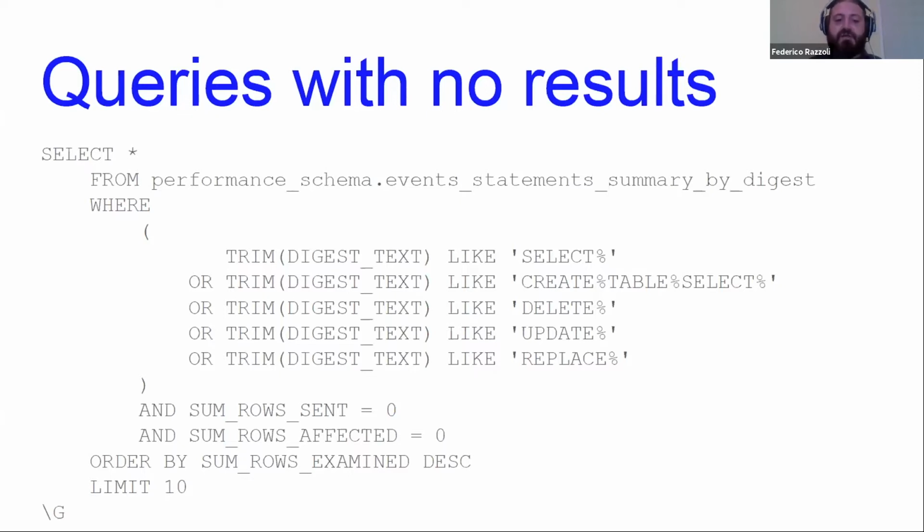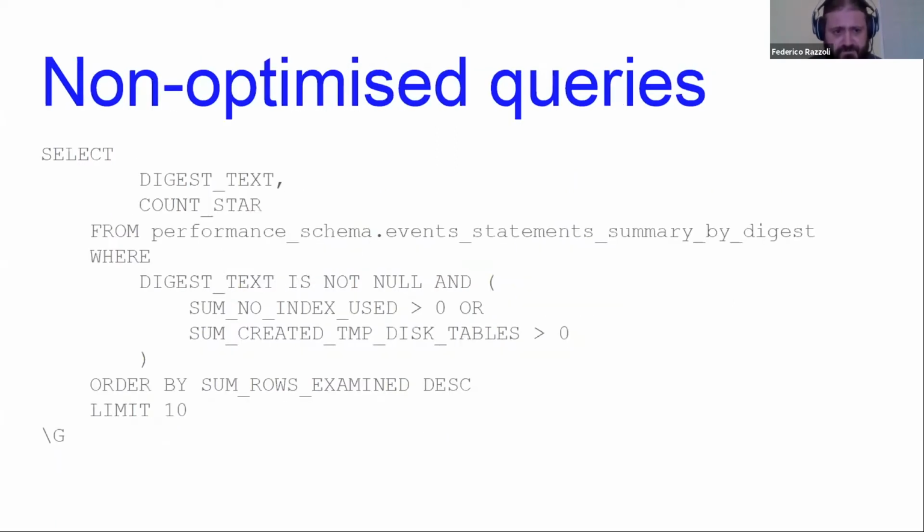MySQL needs to read the base tables and find out that no row should be returned. Those queries sometimes are useful for the same reasons I mentioned before, and sometimes you just would like to drop them. But even if it's not the case, well, probably if the query doesn't return any row, this could mean that there is some kind of problem that you want to investigate.